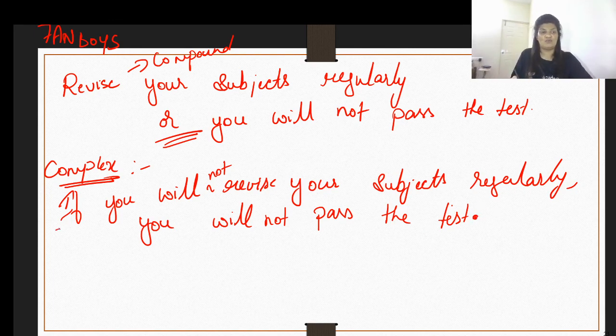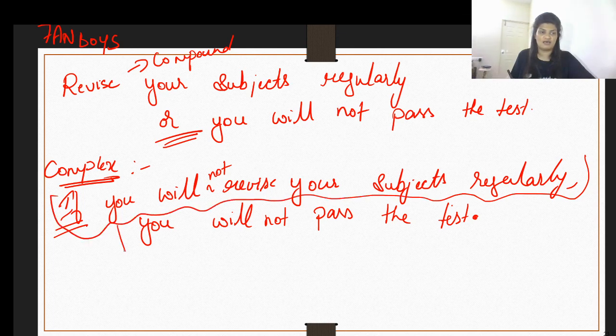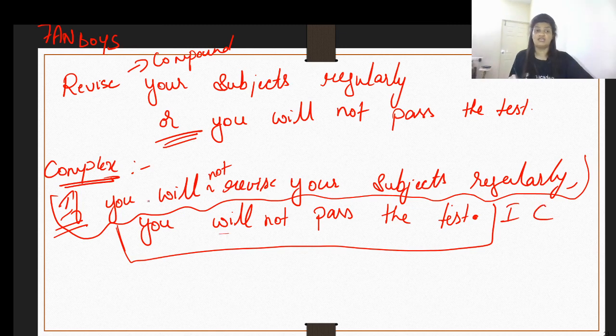So there we have introduced the conjunction if, and we have our dependent clause and our independent clause here. If you will not revise your subjects regularly, you will not pass the test.